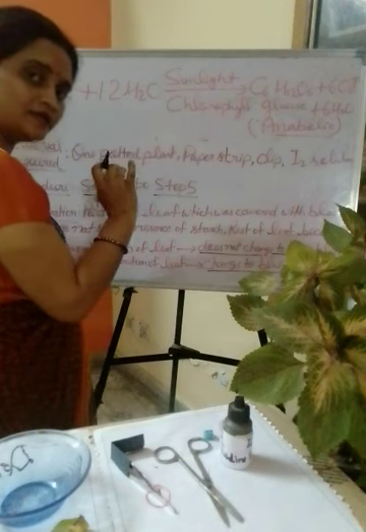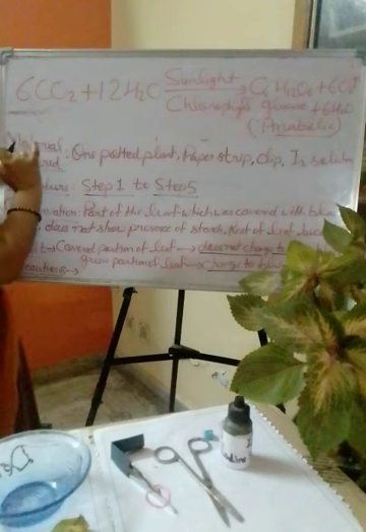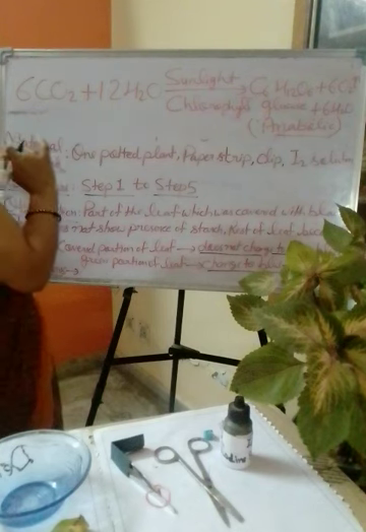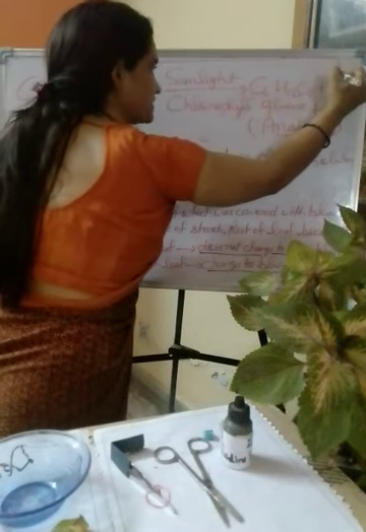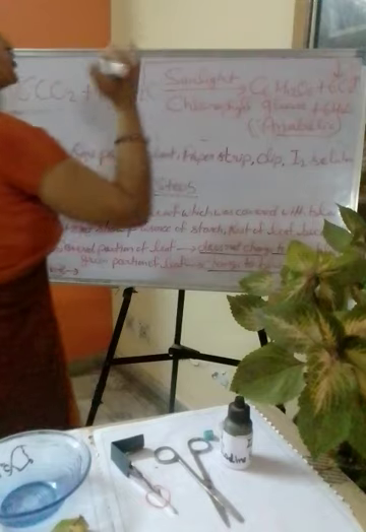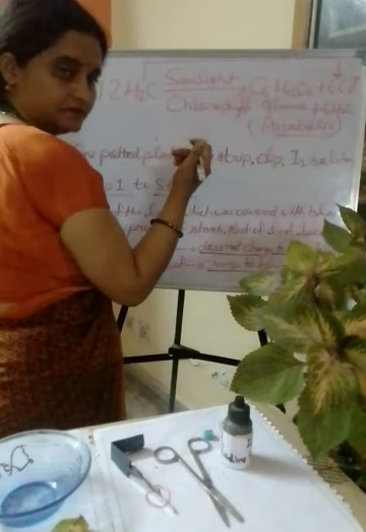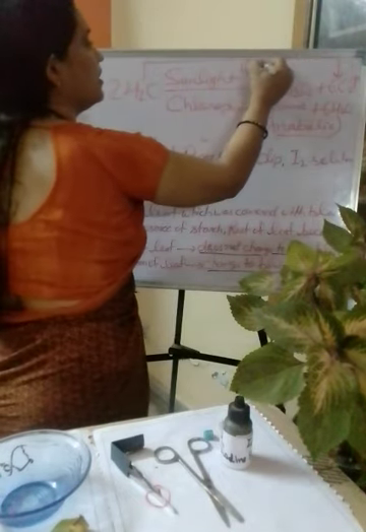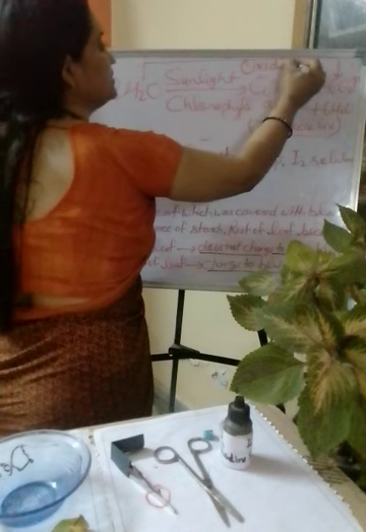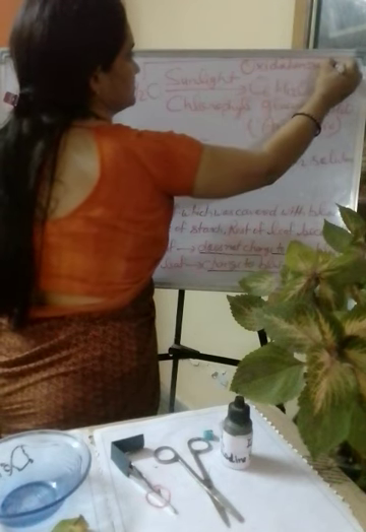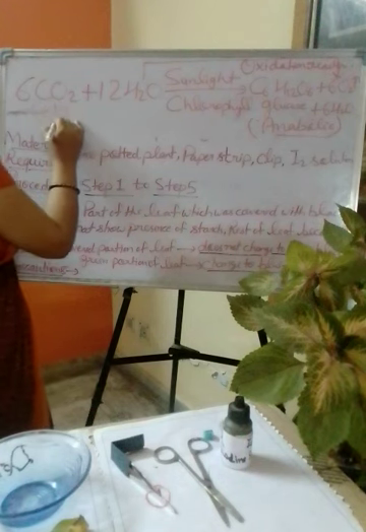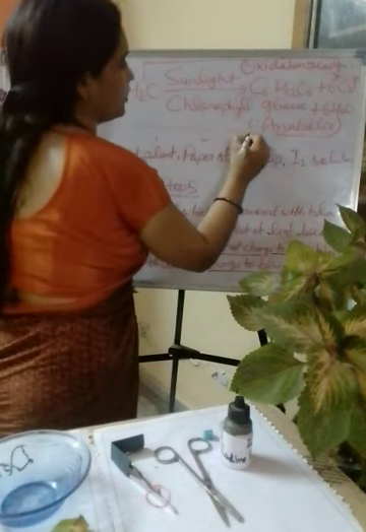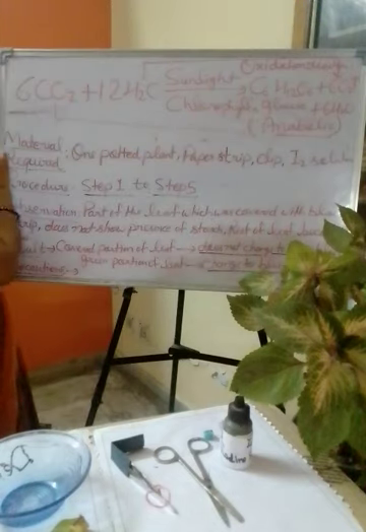Do you understand that? Now the photosynthesis reactions are divided into two parts. The photolysis of water produces oxygen. That is an oxidation reaction. Okay. Now carbon dioxide is reduced to form glucose.